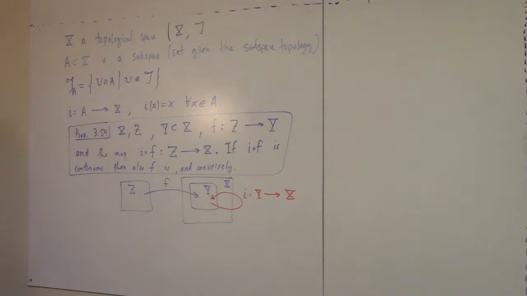So what's this proposition really saying? Inclusion maps don't affect continuity, and inclusion maps are continuous, essentially. Right. With respect, of course, to the subspace topology. I think that's one way you could interpret it, yeah.